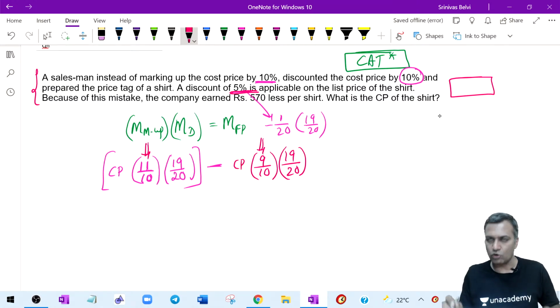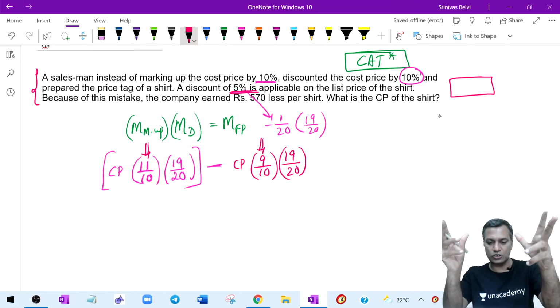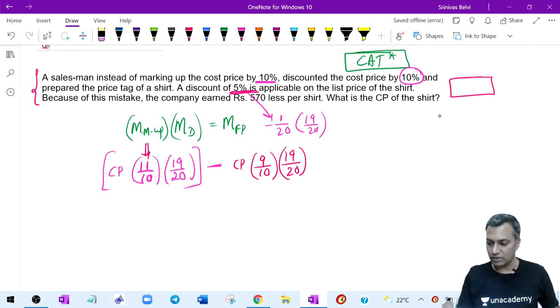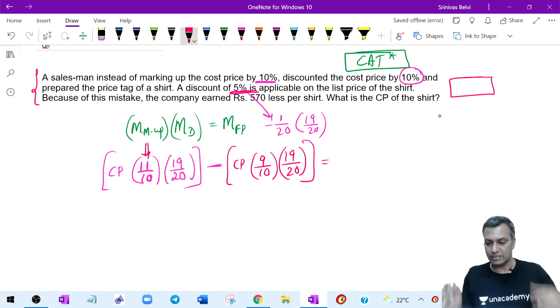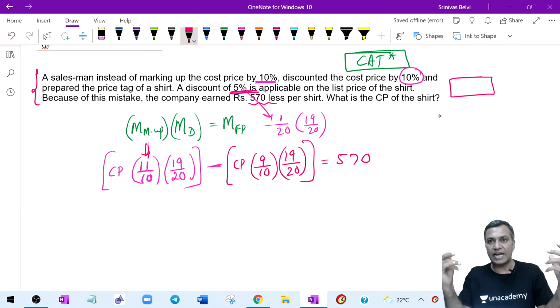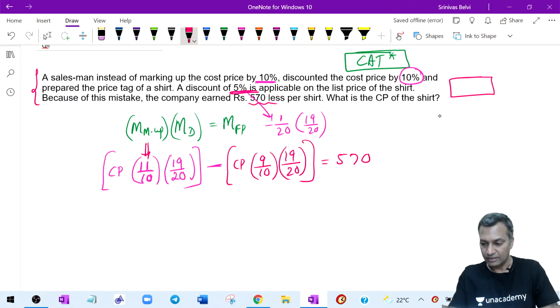All this is happening on some cost price. He marked it up, but while marking, he marked it wrong. He made it 9 by 10, and then he's giving a discount on this. Because of this, what he was supposed to collect is getting reduced by 570. So the shop owner had some expectation, and he's getting 570 less on that. This is what is happening.